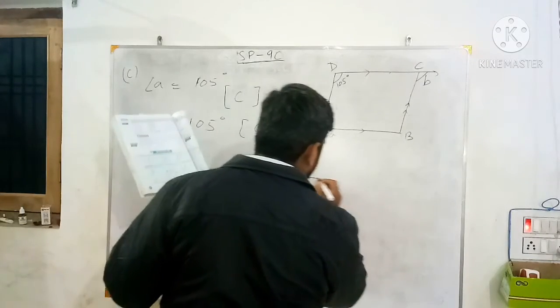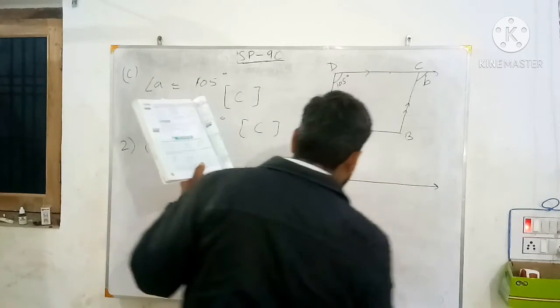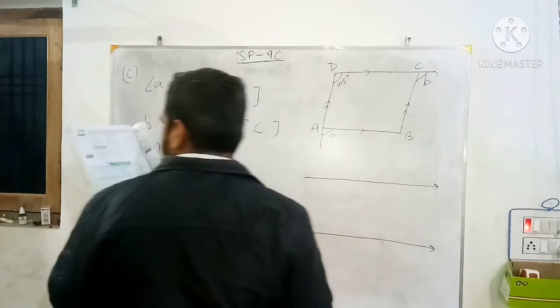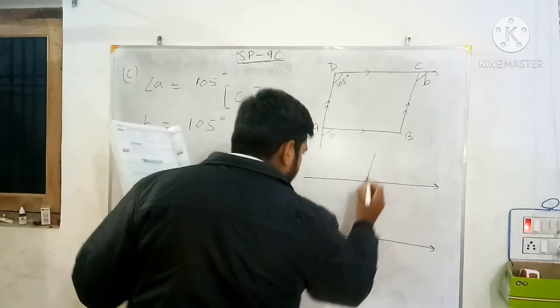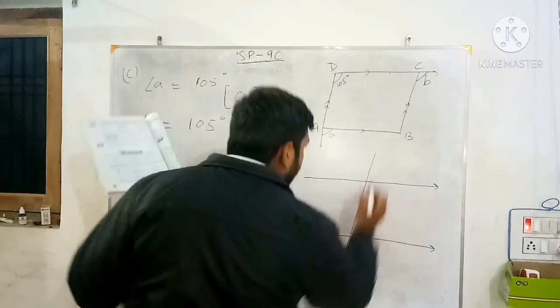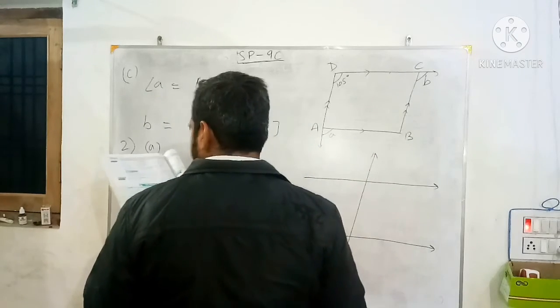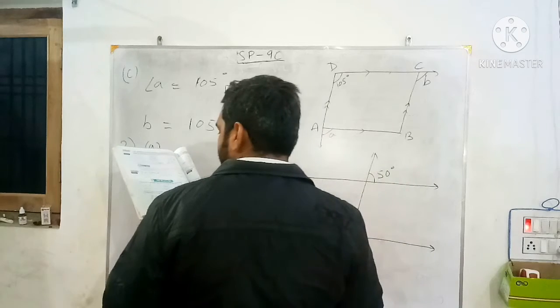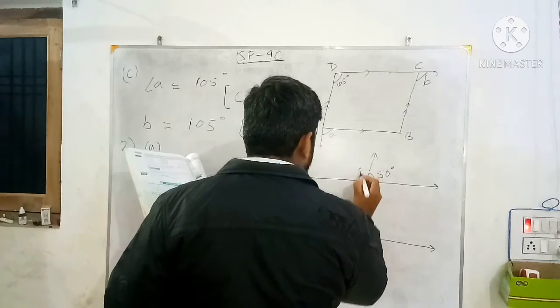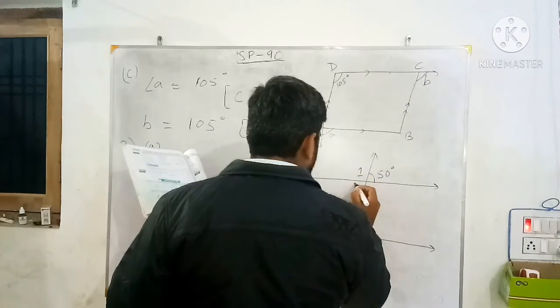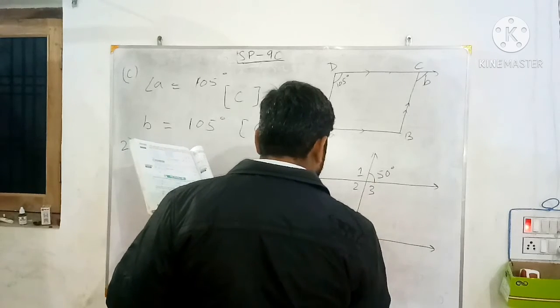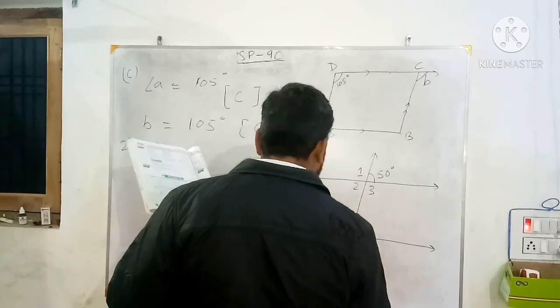We have to consider two parallel lines. These are the two parallel lines, and this is a transversal, in which one angle is 50 degrees and the others are marked with numbers: 1, 2, 3, 4, 5, 6, 7.